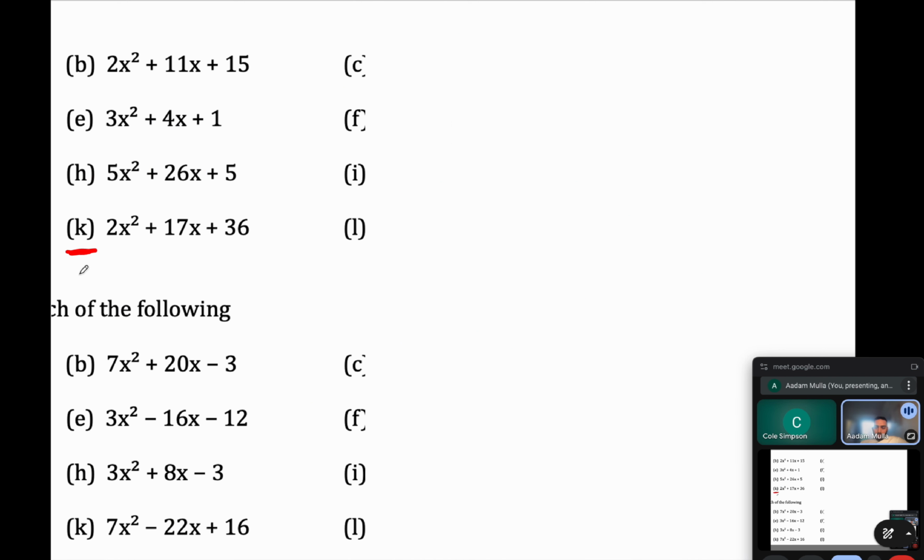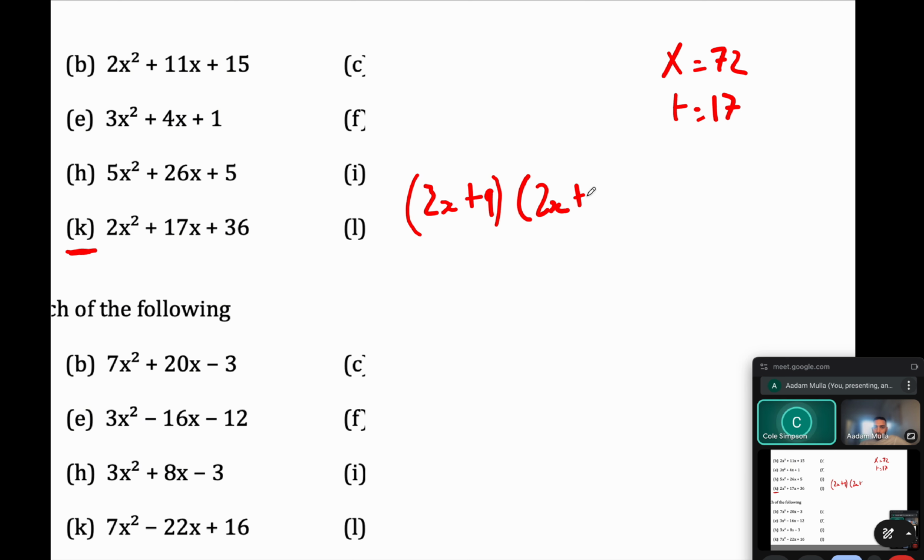Do you think you could do k on your own? Yeah, I'll try. Okay. If you need help, just tell me. Do I have to do 2 times 36? Yeah, that's right. What have you got so far? 2x plus 9, and then 2x plus 8.